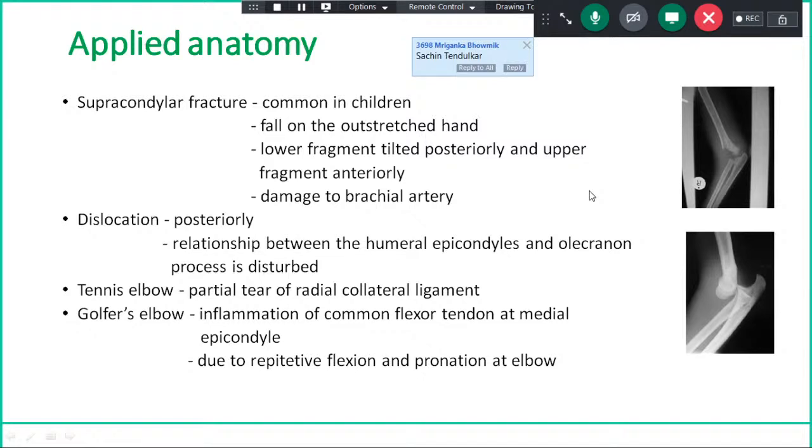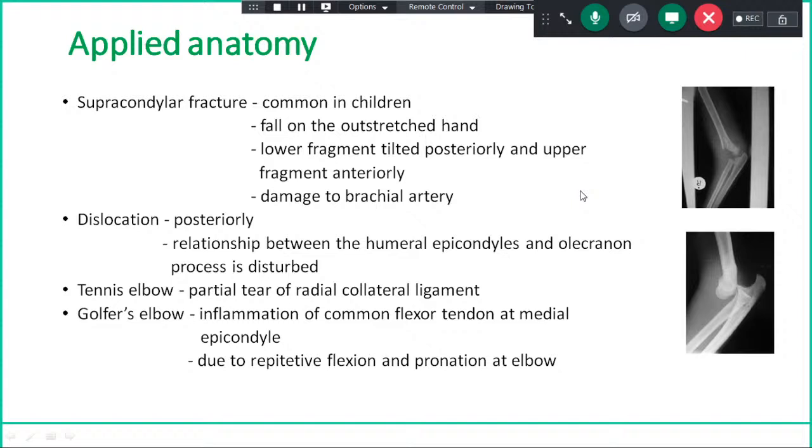Yes, that's right, Sachin Tendulkar. And it's not just the radial collateral ligament, but also the common extensor origin which is affected by the inflammation. So tennis elbow involves a tear of the radial collateral ligament along with inflammation of the common extensor origin.